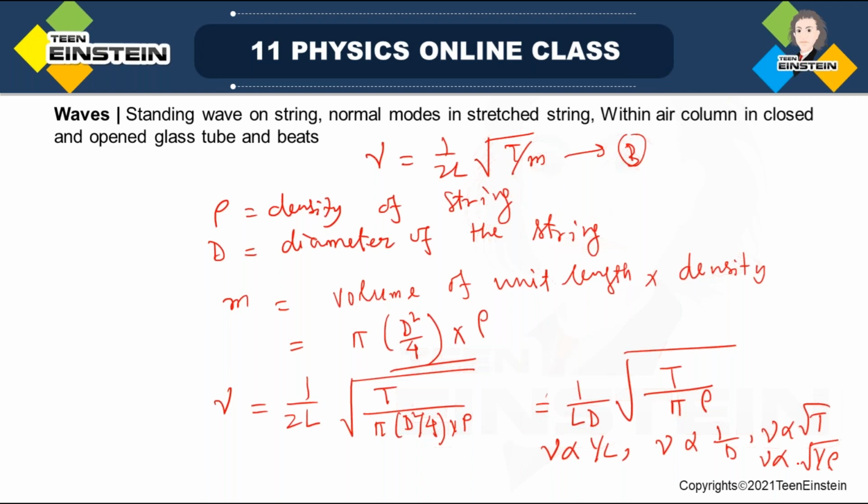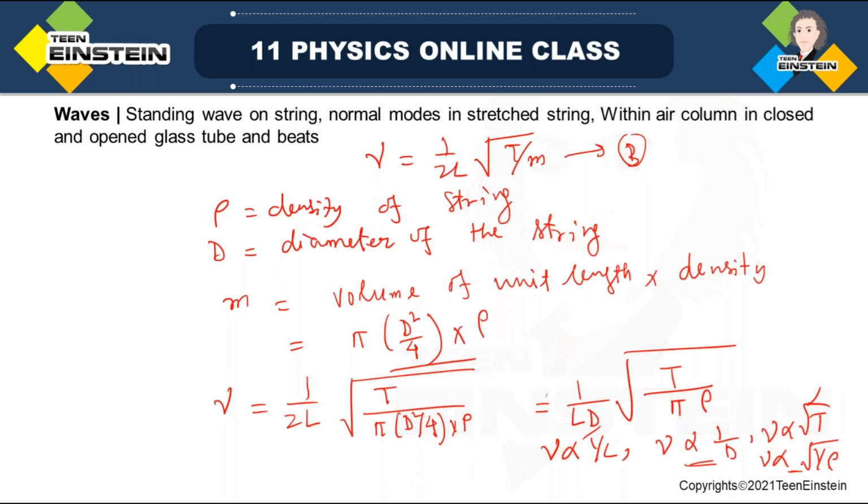So this is how the law of density and law of diameter will come along with the length. Tension is anyway there. So this is not new, this is also not new, only these two new laws will come.